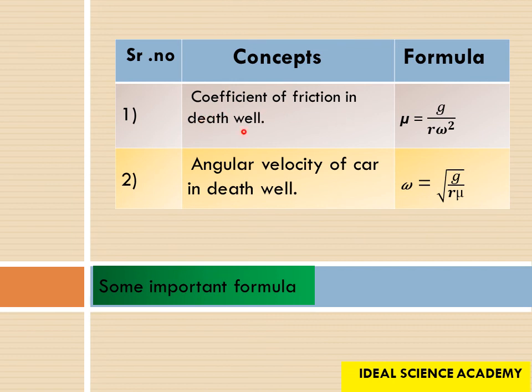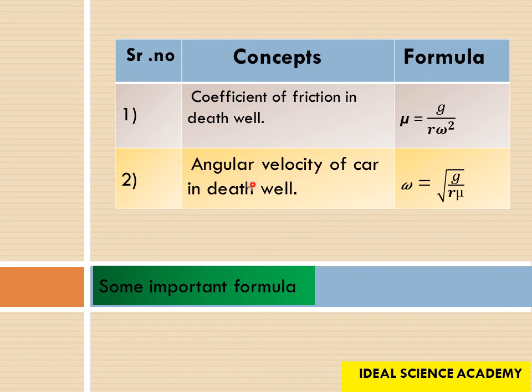Coefficient of friction in death well. Coefficient of friction in death well, mu equals to g upon r omega square, where mu is coefficient of friction in death well, g is acceleration due to gravity having value 9.8 meter per second square, r is radius of death well, and omega is angular velocity of car in death well.